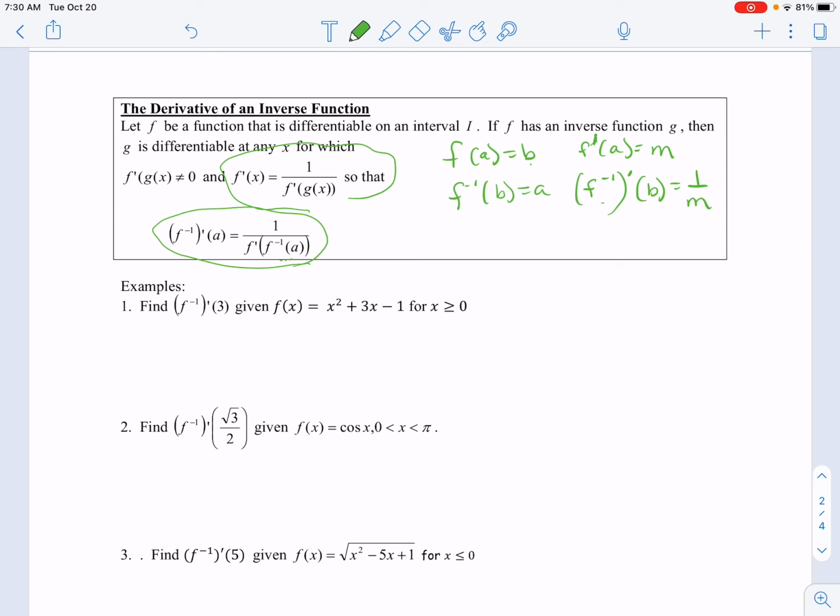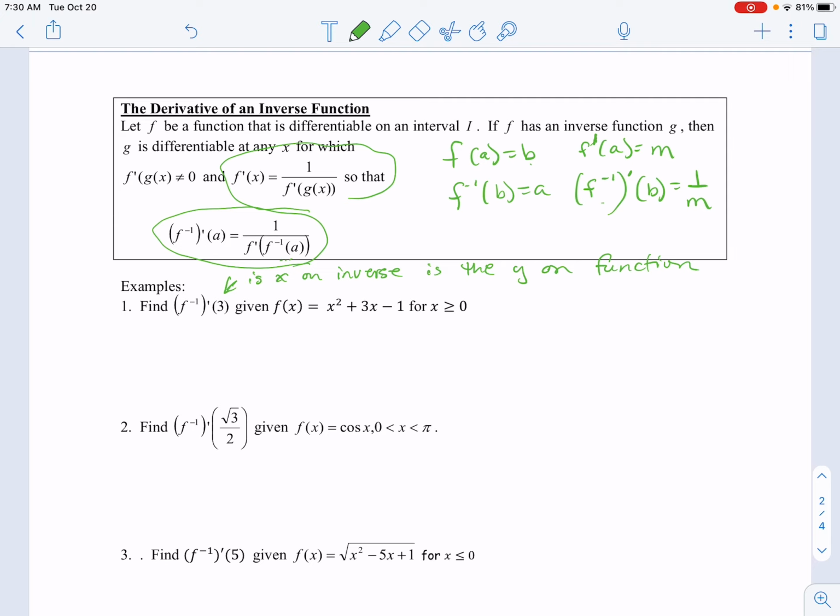It says find the inverse derivative at 3. So the thing to remember is the x on the inverse is the y on the function.